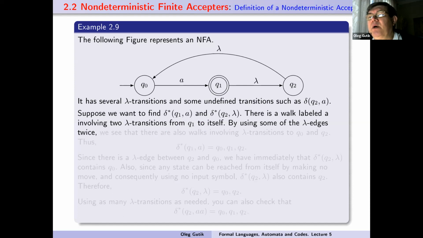By using some of the lambda edges twice, we see that there are also walks involving lambda transitions to Q0 and Q2. Thus, we get delta star of Q1, a is equal to the set, there is a misprint here, it must be that.